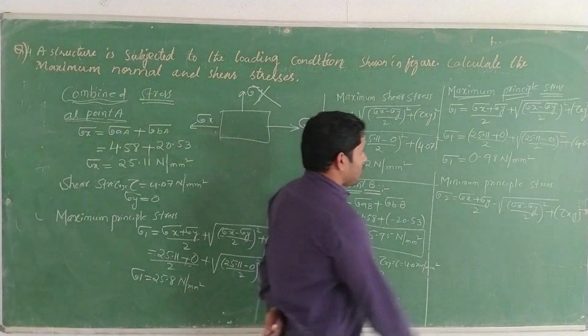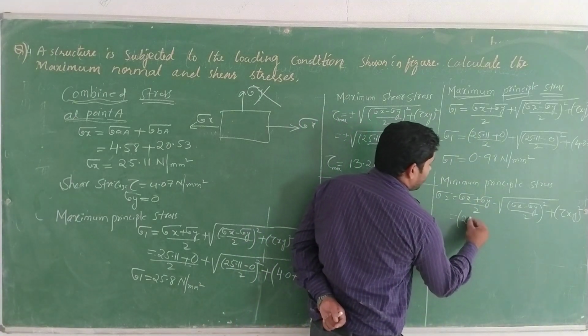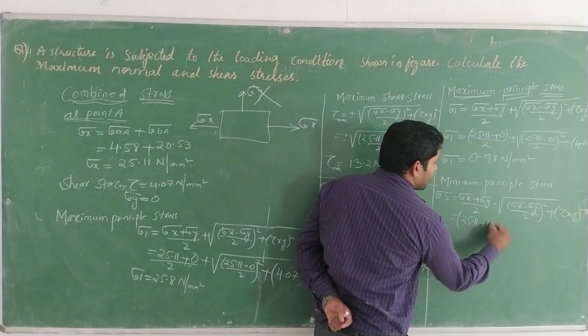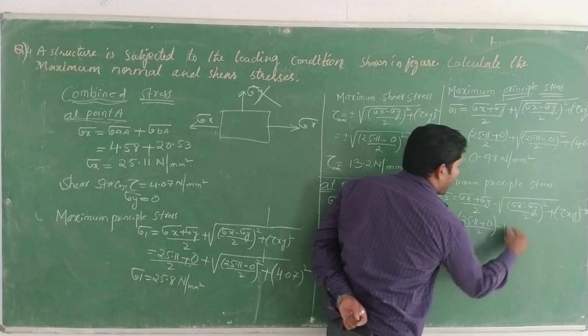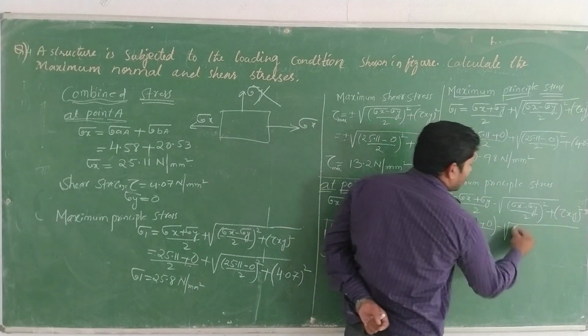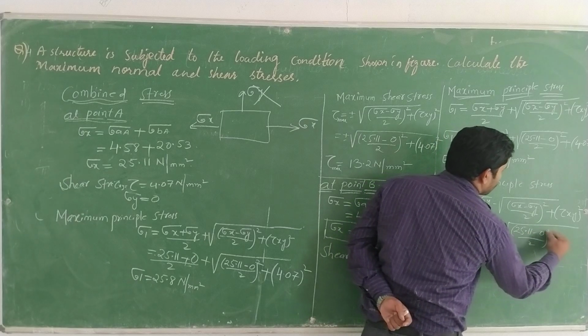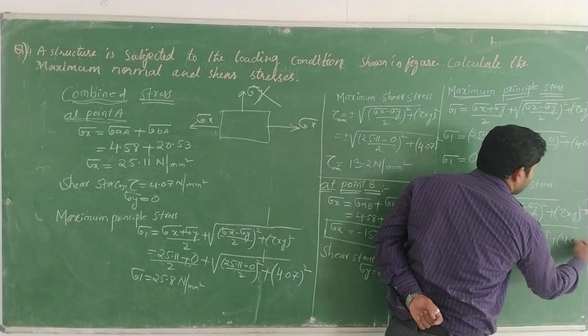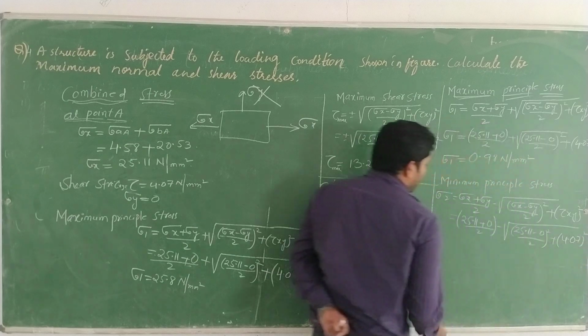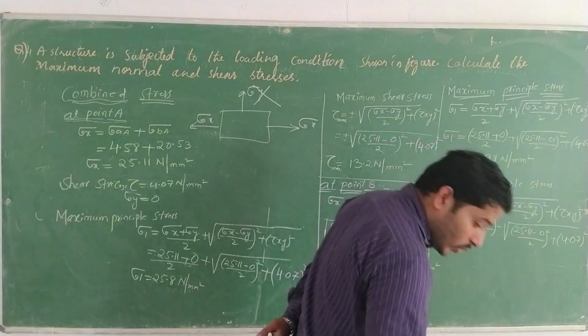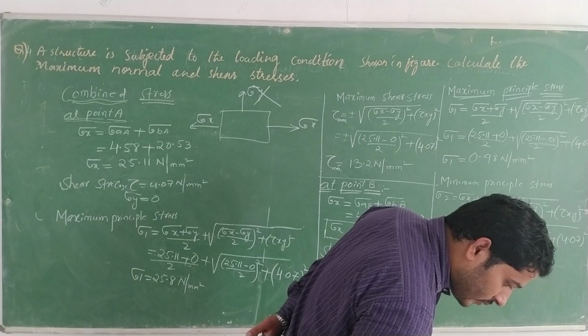Sigma x is 25.11, so (25.11 plus 0) by 2 minus under root of ((25.11 minus 0) by 2) whole square plus 4.07 whole square.